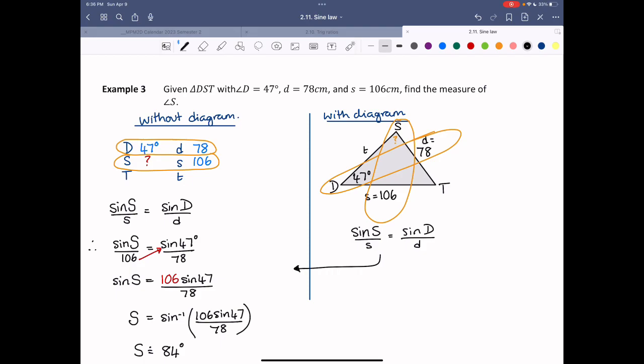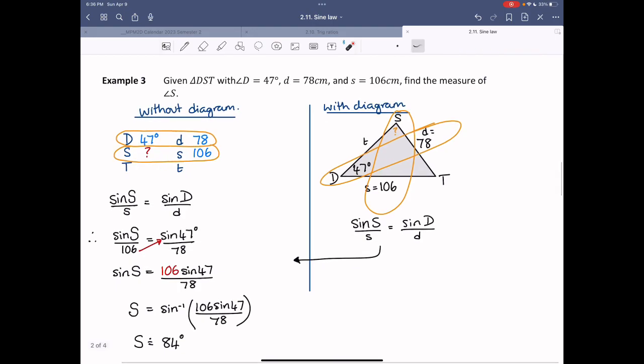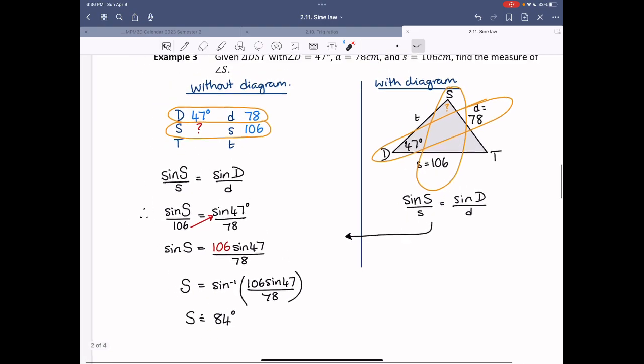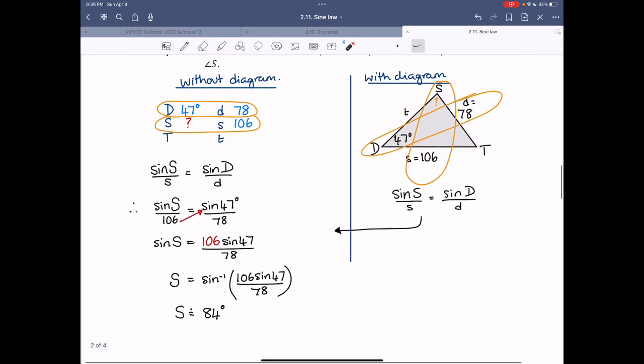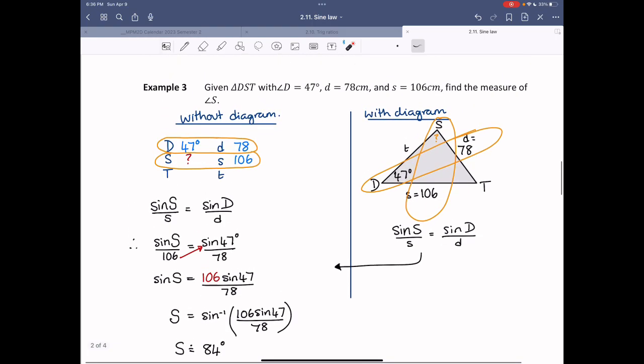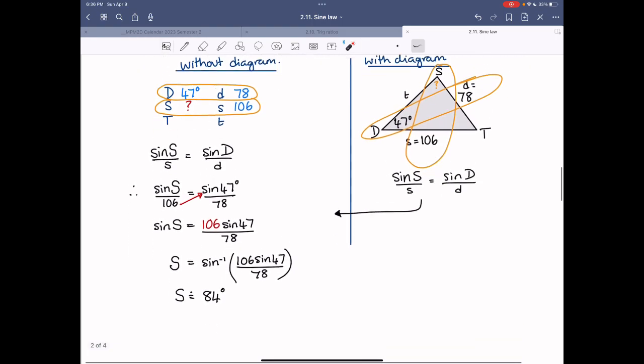So if you feel happier drawing a diagram, and that diagram kind of gives you a sense as to whether your answer is right. So I'm looking at my answer of 84 degrees and inspect this one. It kind of looks like 84 degrees. Maybe that's just by fluke. Diagrams aren't always accurate and don't have to be accurate for the purposes of this lesson. Without a diagram is definitely fairly easy to see, I hope.